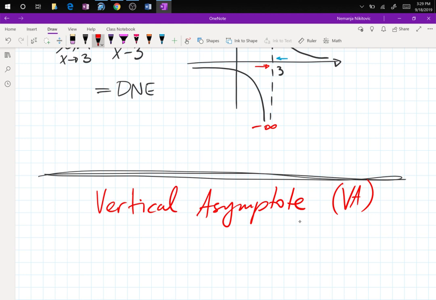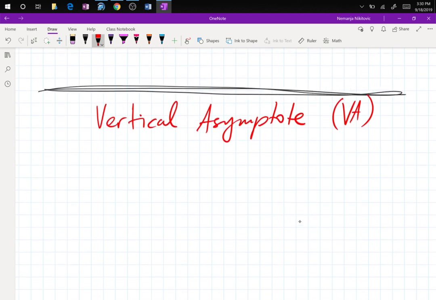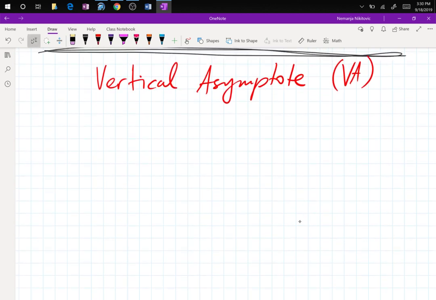So you have encountered the vertical asymptote in pre-calculus, with functions and trig functions as well, and so on. And you are somewhat familiar with the vertical asymptote. I say somewhat familiar because you don't have the definition for it, right?